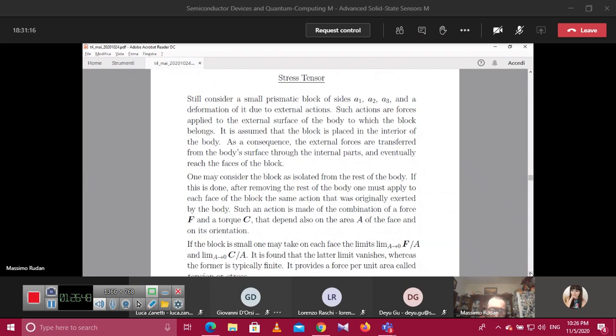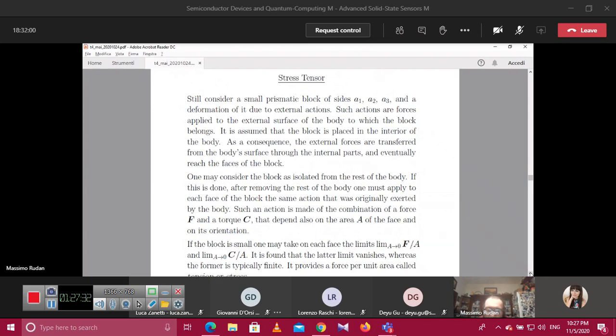The forces come from the rest of the structure. So you must imagine that you are zooming into the structure, you are extracting a little block, and you want to consider the forces that are applied on the faces of this little block. In order to do so, you eliminate the remaining part of the structure, you leave the little block alone, and you replace the part of the structure that you have eliminated with the equivalent forces that the eliminated part was exerting on the little block.